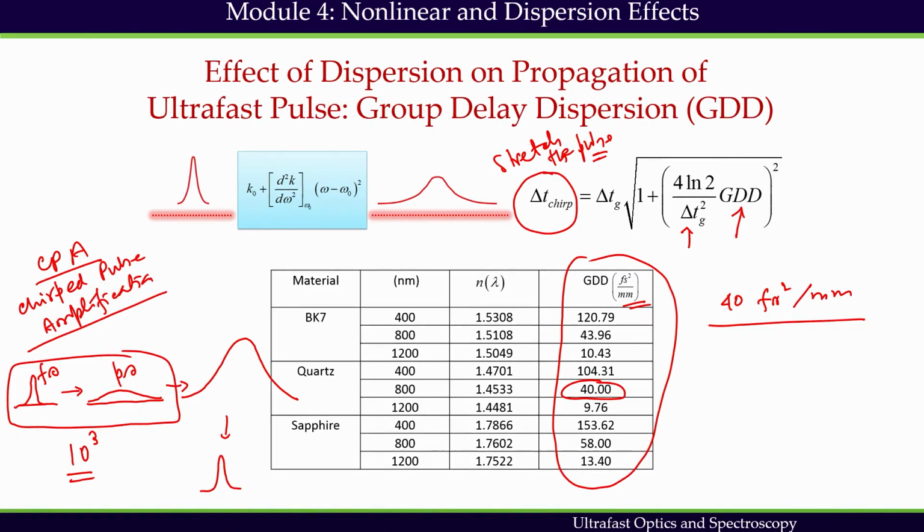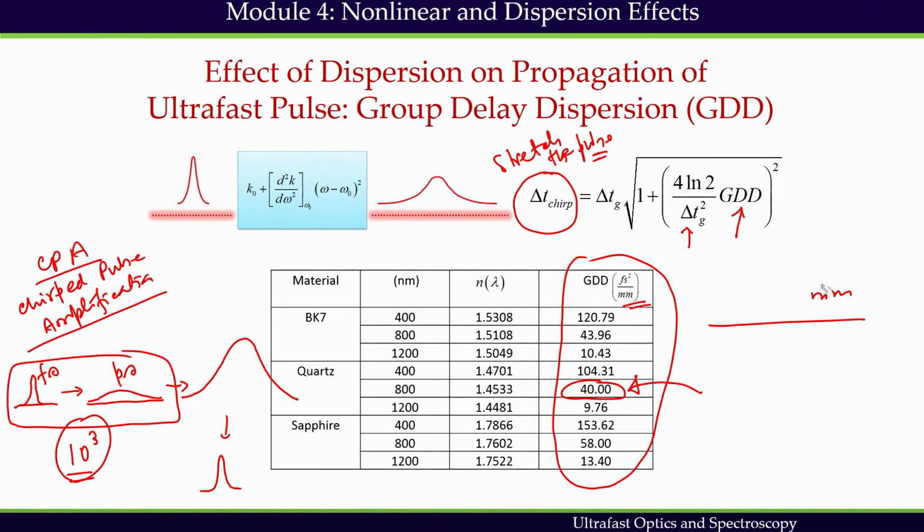That can be a good suggestion, but the problem is that material dispersion does not introduce a big chirp. We need a big chirp so that we can increase the pulse duration by a factor of 10 to the power 3.